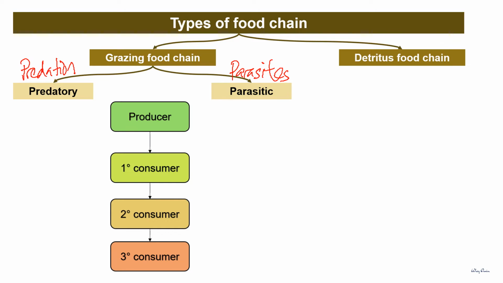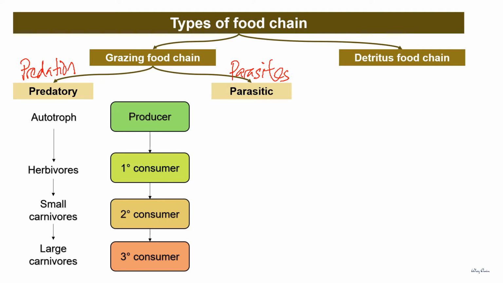Both food chains show the trophic levels always started from producers to primary consumer, secondary consumer, tertiary consumer, and quaternary consumer. In this slide, let's say we use the example of 4 trophic levels.